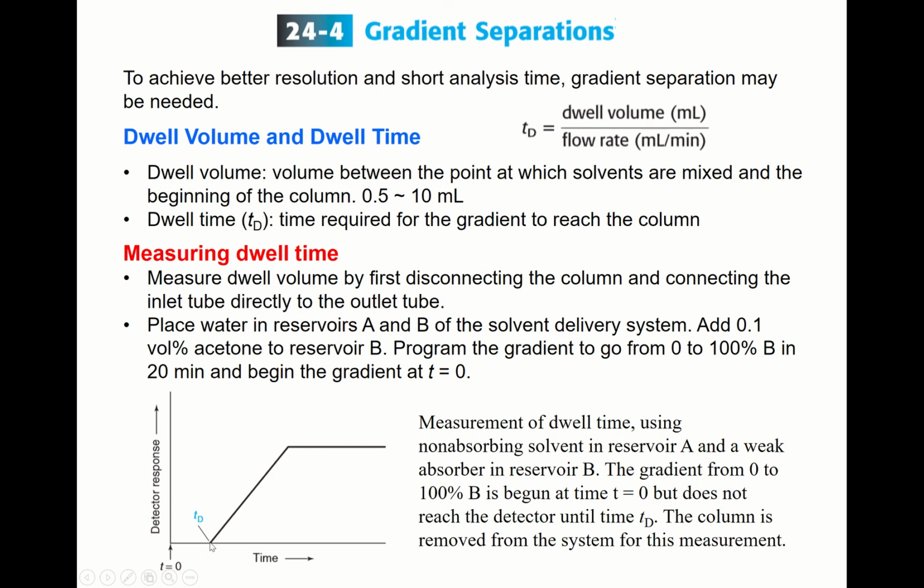I've already explained measuring dwell time: add acetone to reservoir B, then program the gradient to go from 0 to 100% B in 20 minutes, for example, and begin the gradient at t 0.